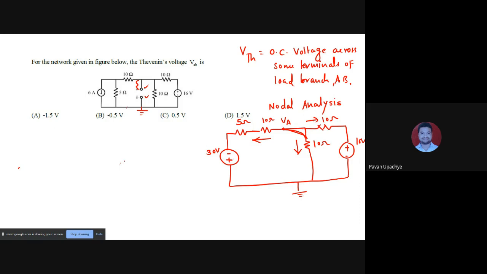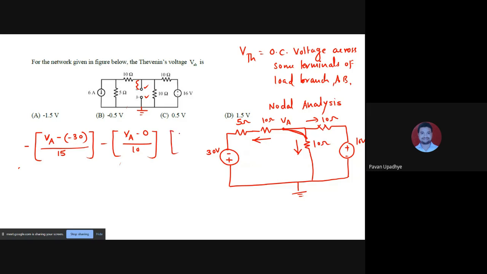So the current that is moving away towards 30 volt can be given as VA minus of minus 30, divided by 15 ohm. And this is moving away, that is why this is minus. Then the current moving downwards is VA minus ground, that is 0, upon 10. As this is moving away, this is also minus.